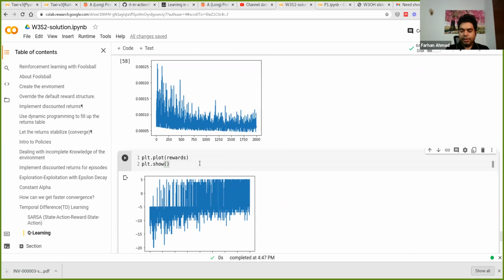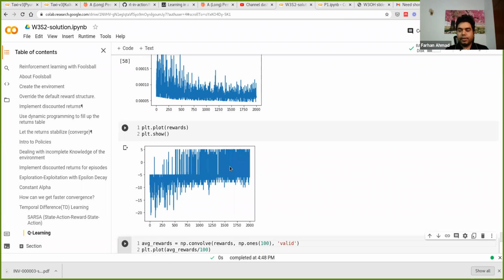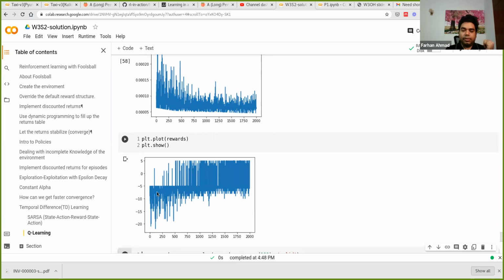We can do something similar with rewards as well. This is the array where I have captured the reward for each of the 2000 episodes. And again, there's a lot of variation.